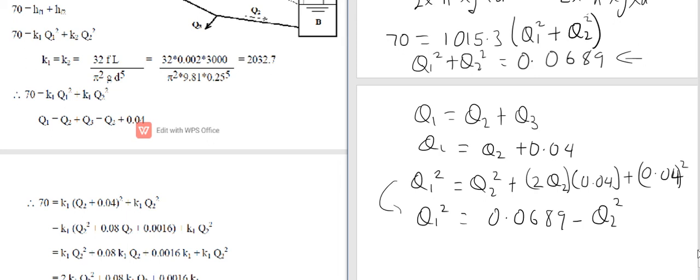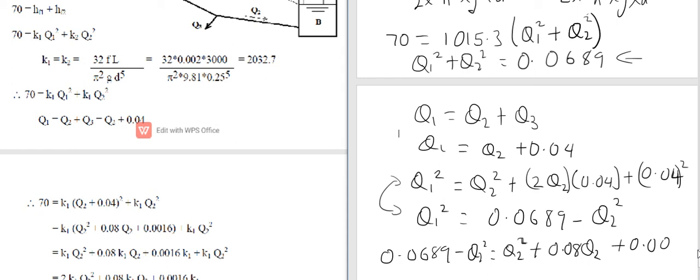So when we equate these two equations, we have 0.0689 minus Q2 squared will be equal to Q2 squared plus 0.08 Q2 plus 0.0016, yes, 0.0016.